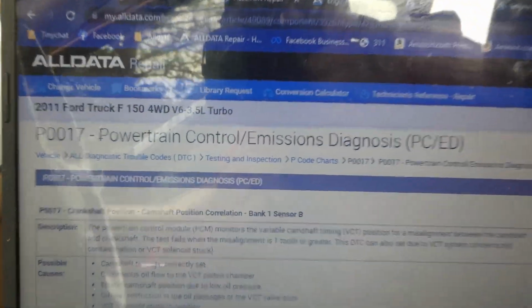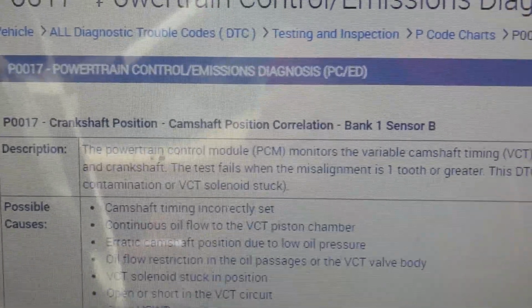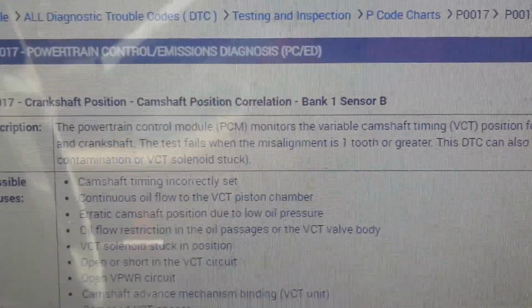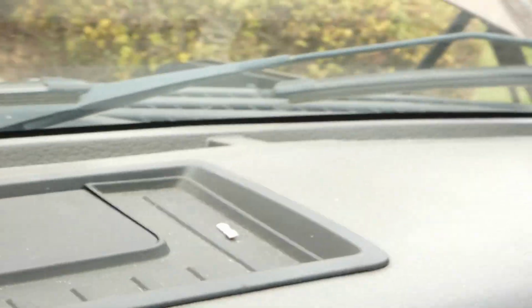P0017, which is a crankshaft position, camshaft position correlation for bank 1 sensor B. So that is the right side of the engine, the exhaust cam sensor.